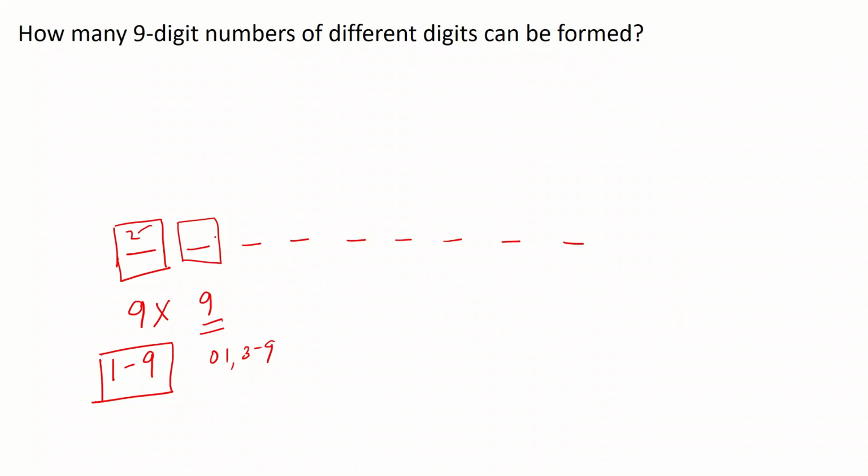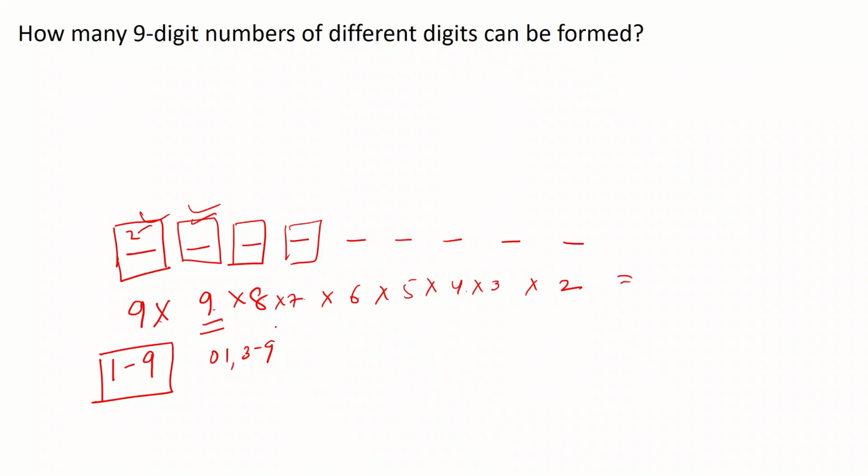Again when this is done, then for the next place you have 8 choices, because you cannot put these 2 numbers. Then for the next place you have 7 choices, then 6, 5, 4, 3, and lastly 2 and 1. Alright, you multiply these all and get your answer. I'm leaving this to you as an exercise.